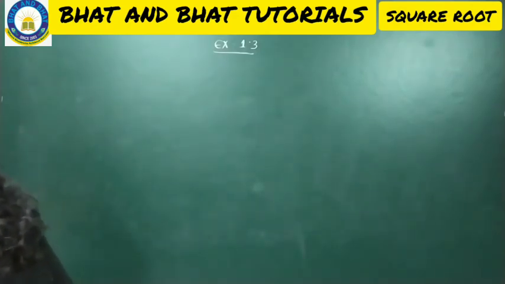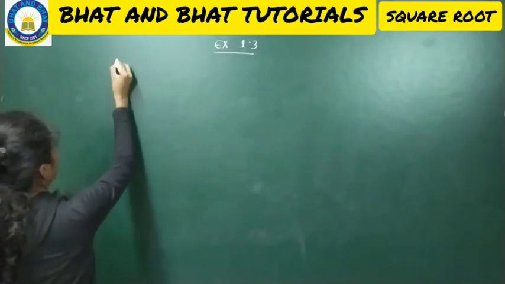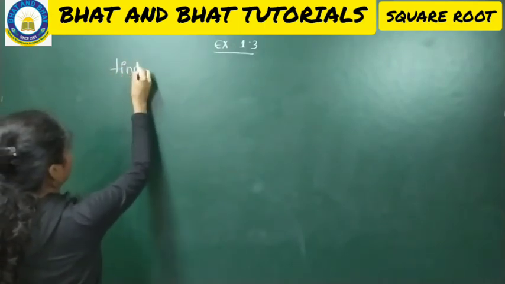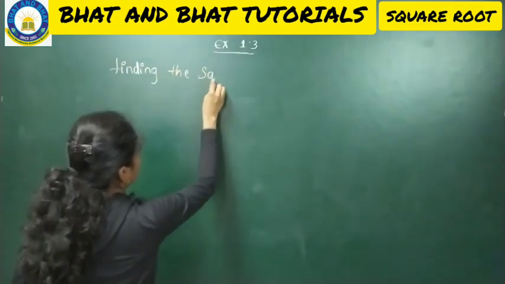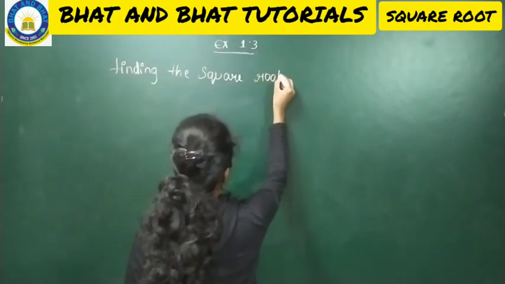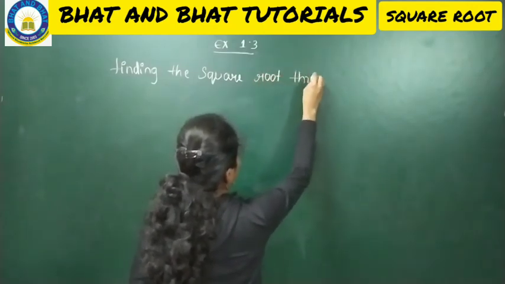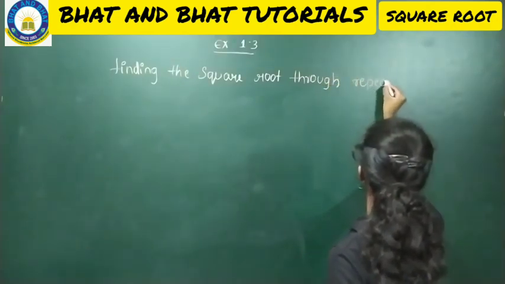So that is finding the square root through repeated subtraction.